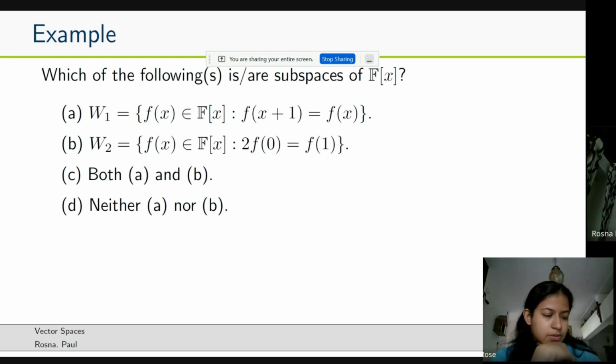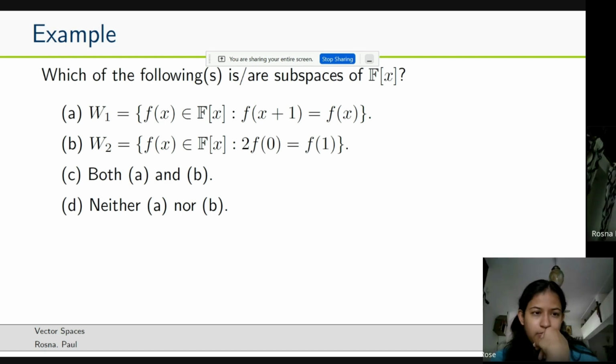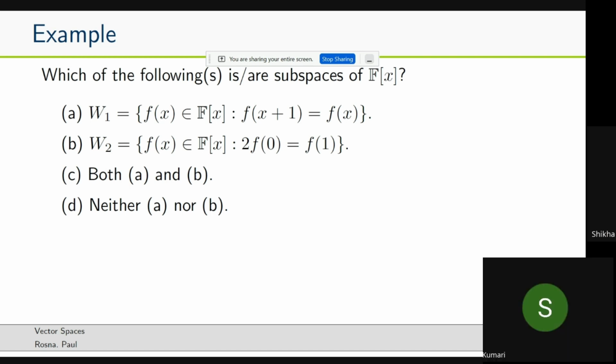I haven't received any answers yet. Maybe it's taking time, or is it confusing to check? Option A, it is not a subspace, but checking for option B once. Okay.